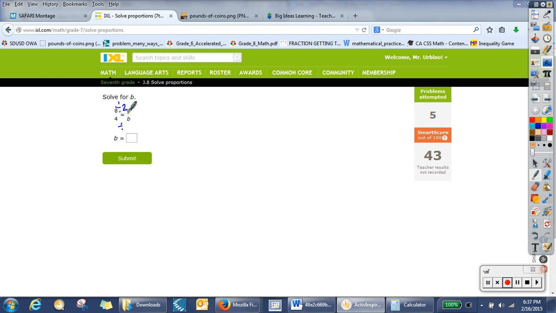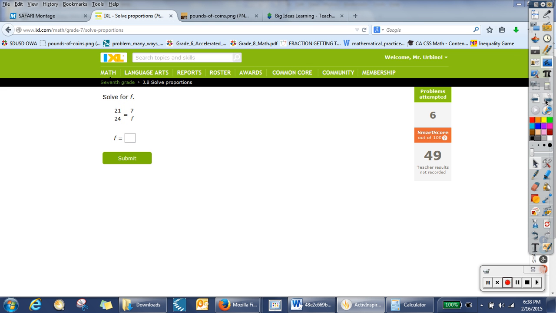That's right, 8 divided by 2 is 4. Now we have to divide our denominator by that same number. So 4 divided by 2, b is equal to 2. So again, using simplifying or cross products will give you that same answer. It just depends on the question that you want to work with.